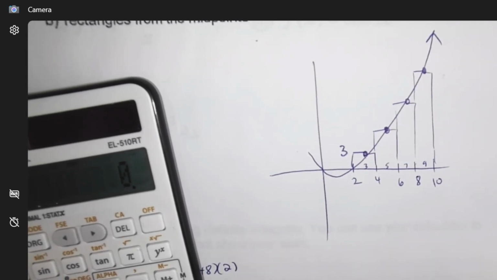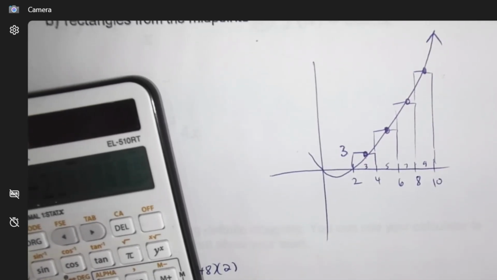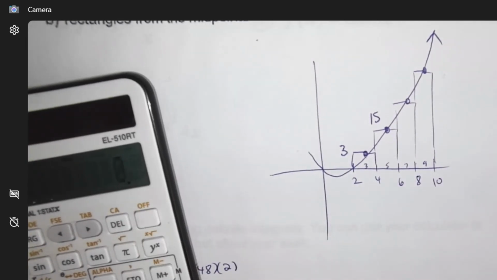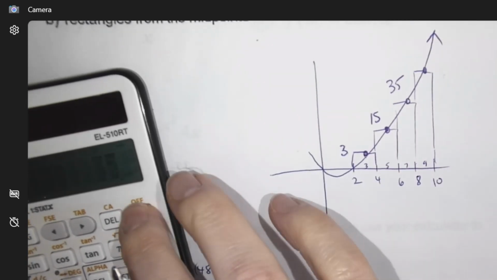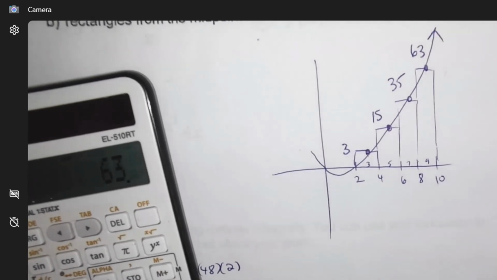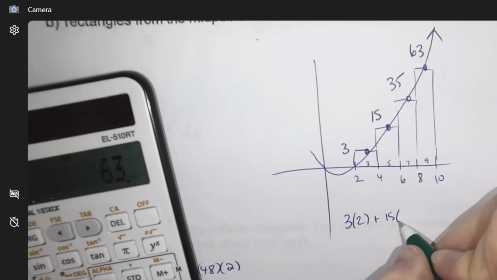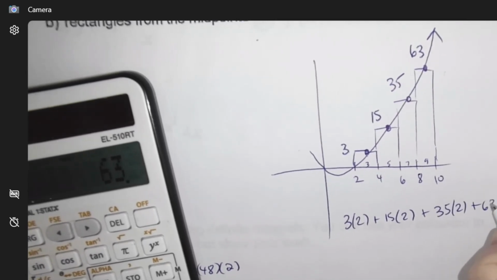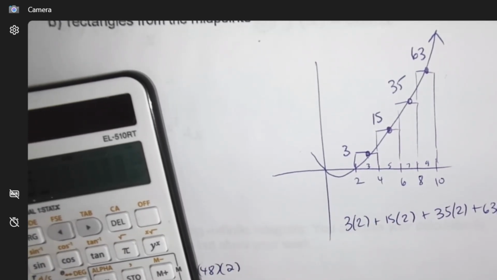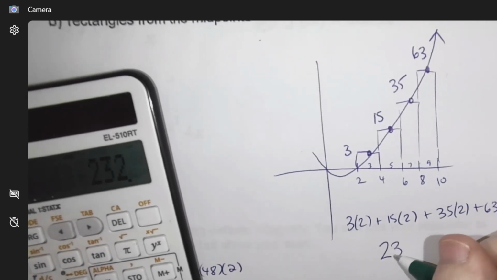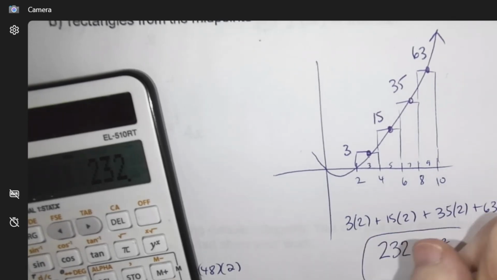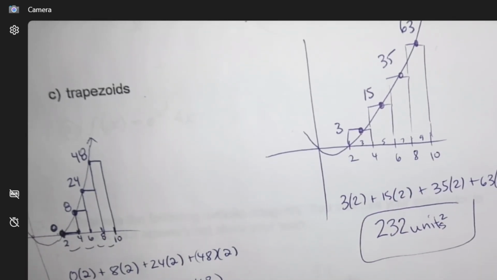Okay, so use the x values that are in the middle of those sections. So I got 232 if anybody is matching.